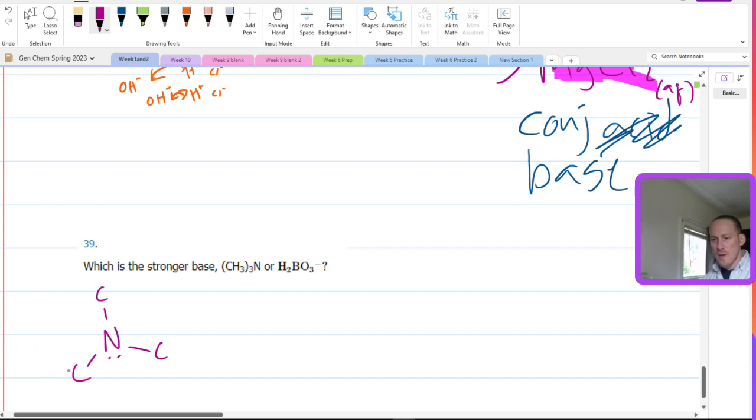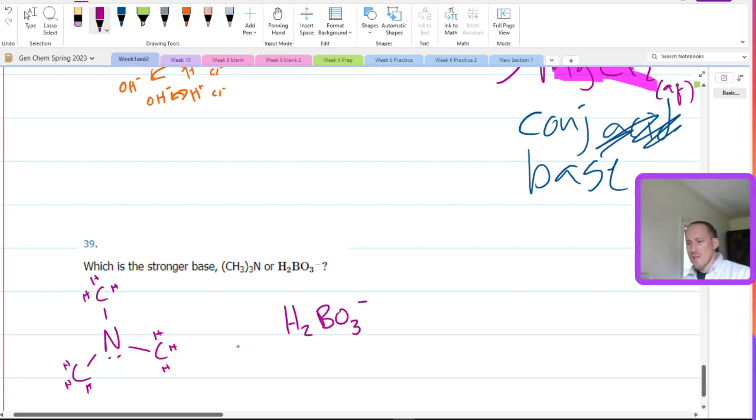Probably got its lone pair on it. So that's N(CH3)3, trimethylamine. I'm going to call that trimethylamine. And we also have H2 borate. That's crazy. So which one of these is a stronger base?